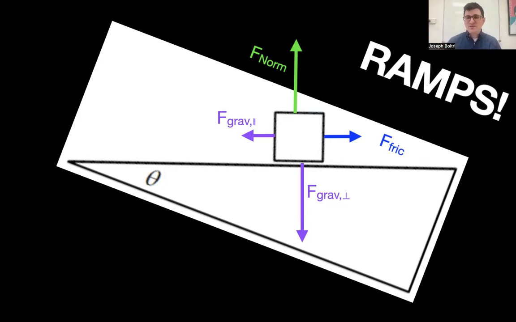Actually, most commonly, that's what's going to happen, because when something's sliding down a ramp, in the perpendicular direction it's not going into or away from the ramp. It's just sliding down the ramp. So often we'll see the forces as balanced in the perpendicular direction, but unbalanced in the parallel direction, either because it's sliding down the ramp and speeding up, or sliding up the ramp and slowing down. So we can look at the two directions separately.